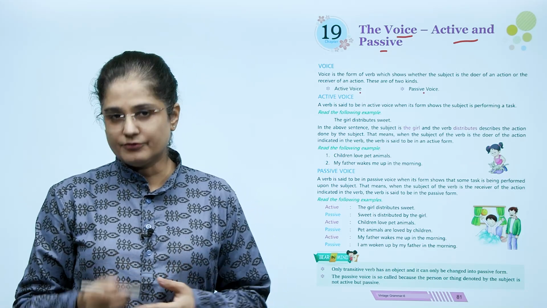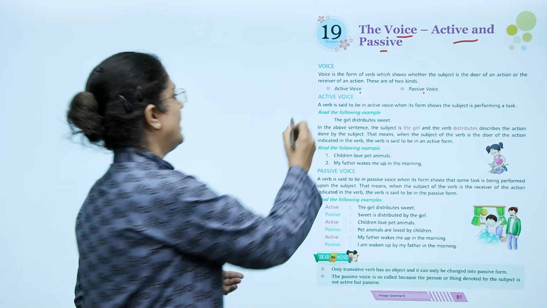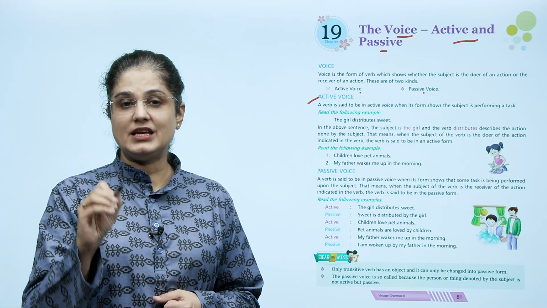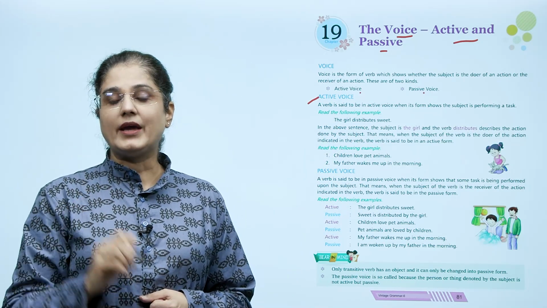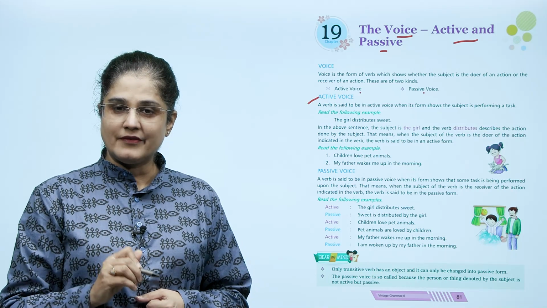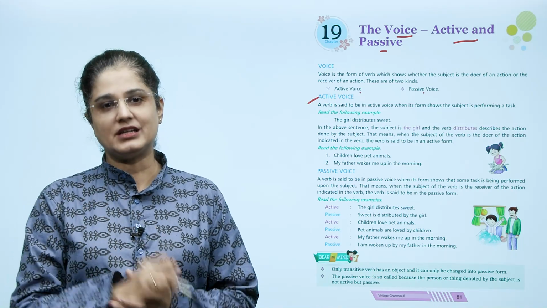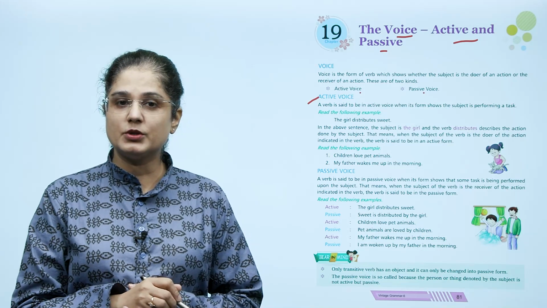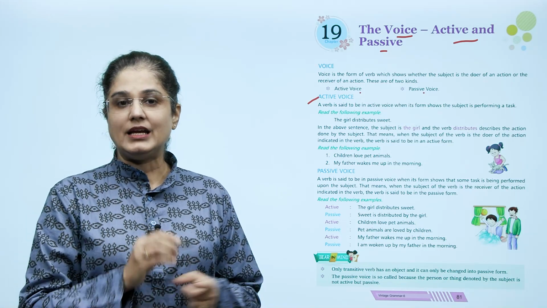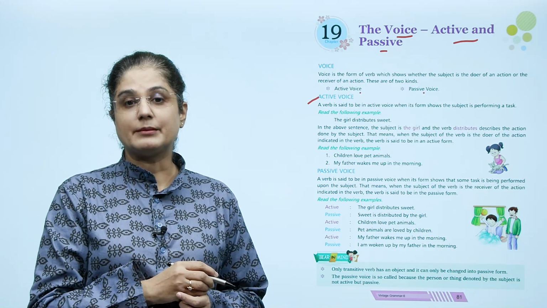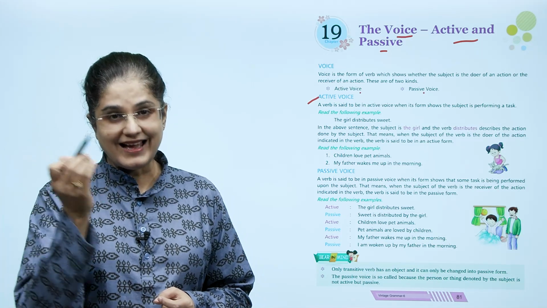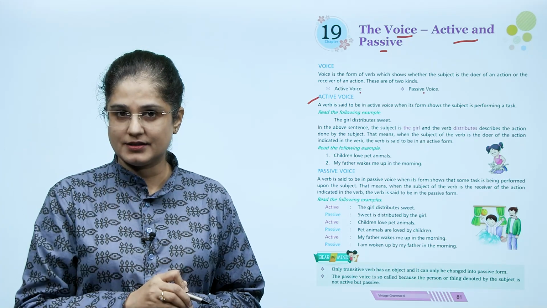Now in active voice, a verb is said to be in active voice when its form shows that the subject is performing a task. For example, the girl distributes sweets. In this sentence, the subject is the girl and the verb distributes describes the action done by the subject.